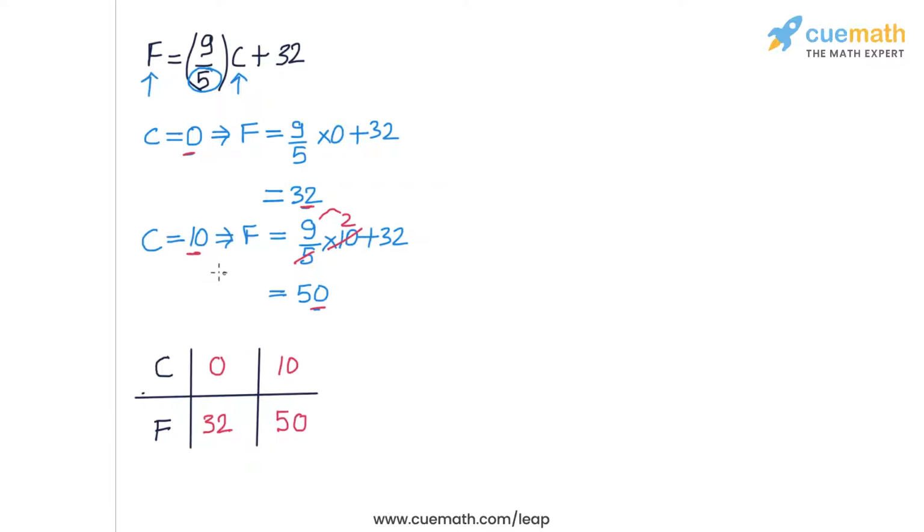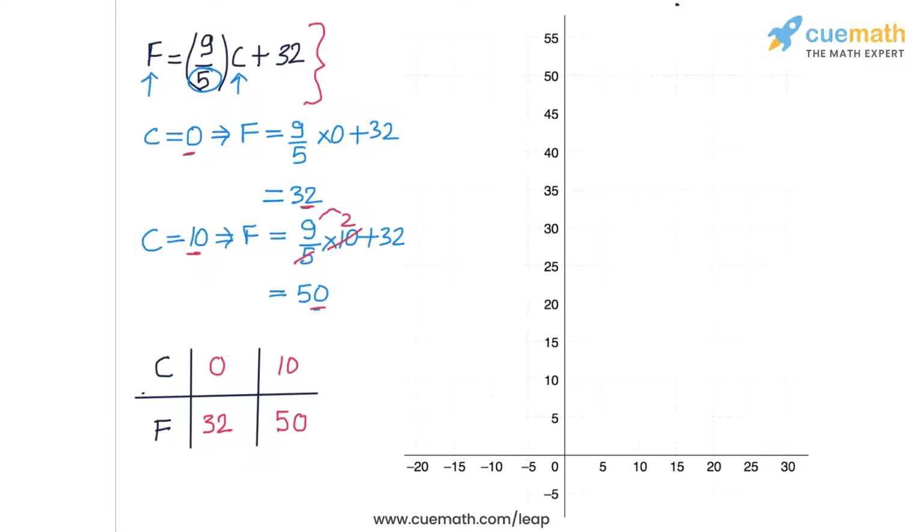Now we are going to graph the solution line. We are going to plot the solution line for this equation using these two specific solutions that we have found. So here's the graph that I'm going to use to plot the equation. The horizontal axis represents C, the temperature in Celsius, and the vertical axis represents F, the temperature in Fahrenheit.